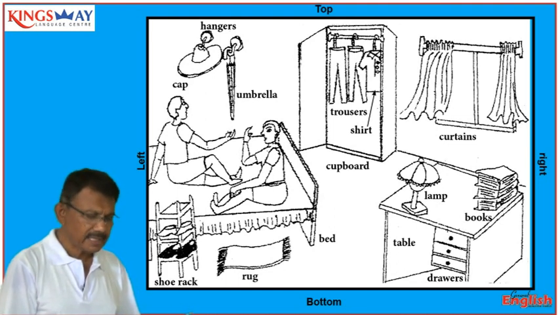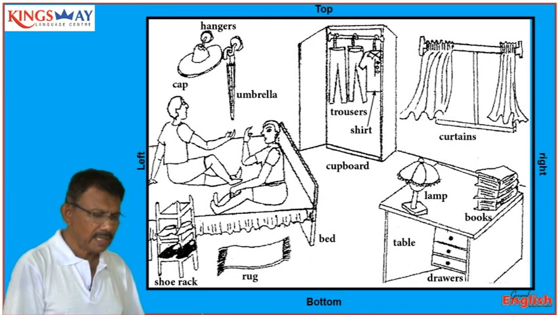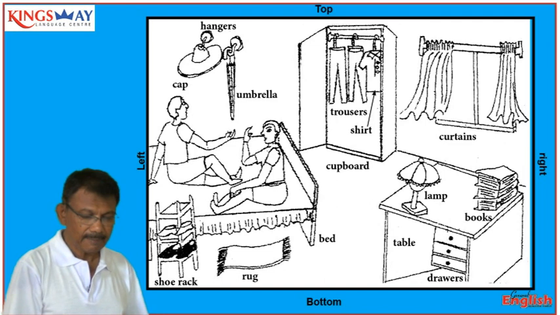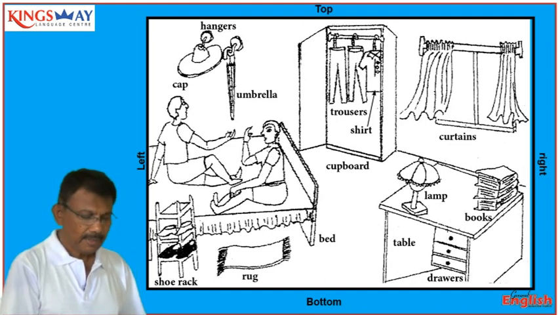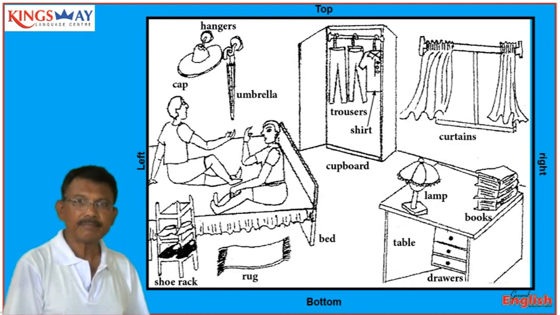On the left hand side top corner, you can see an umbrella and a hat. Can you see them? Yes, a hat and an umbrella. And there is a bed, and on the bed there are two boys.